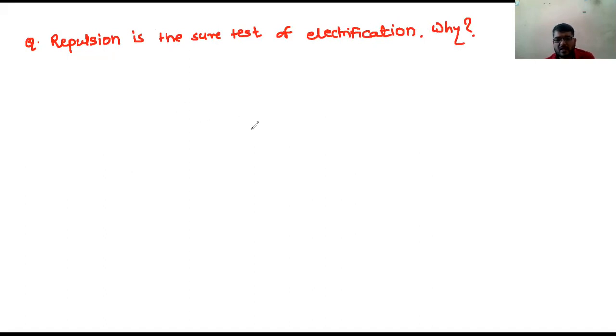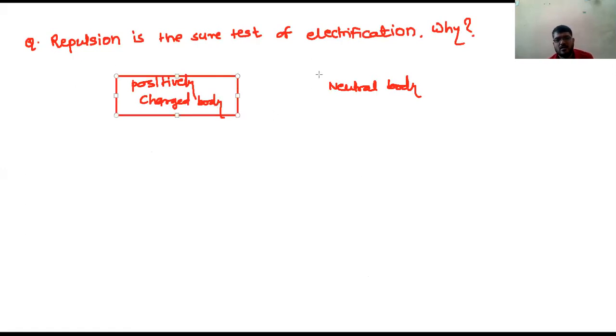Now, what is the case here? Suppose this is a positively charged body and here is a neutral body.